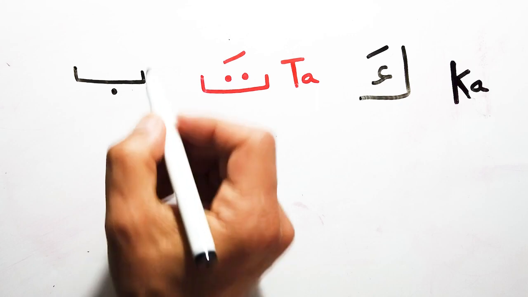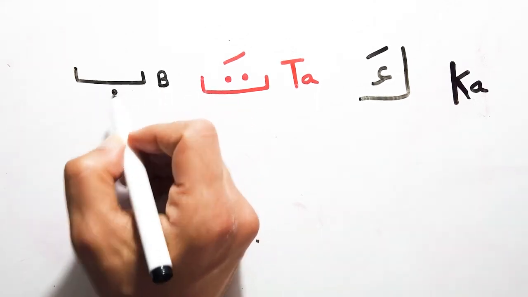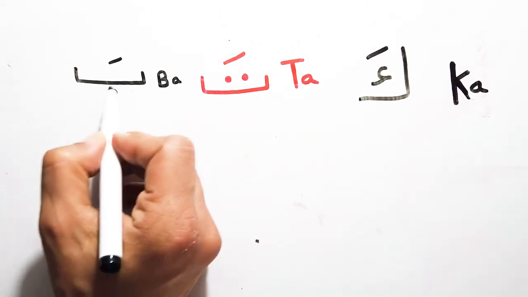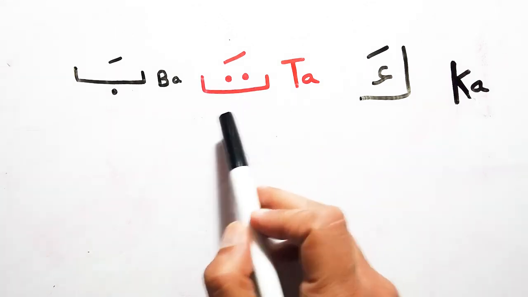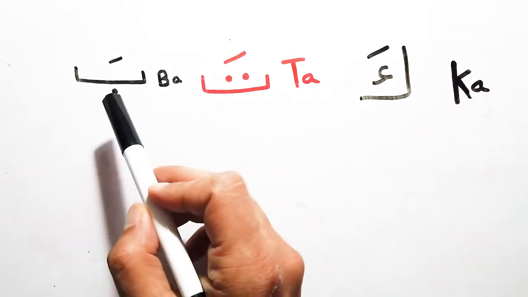This one has the sound of letter B, B, B, B. K, T, B, K, T, B.